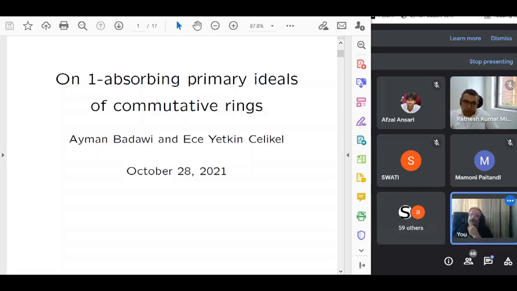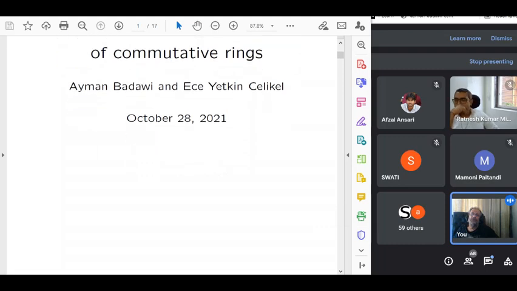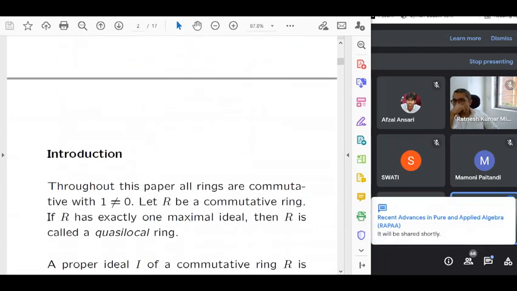And I think this concept of absorbing became more popular. There are many algebraists in commutative rings. They generalize this concept. Okay, so let me start with the definition and introduction.